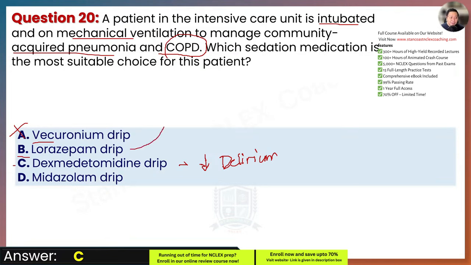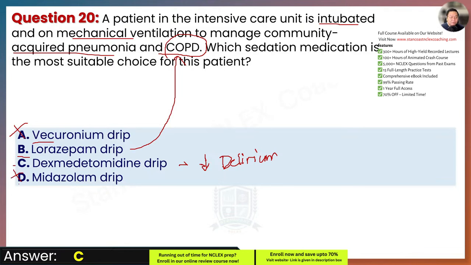Plus, take note about the case here. We have a COPD patient. The benzodiazepine can depress their breathing, making extubation harder. And when there is a better alternative, such as letter C, if this is available, then lorazepam just doesn't make the cut.